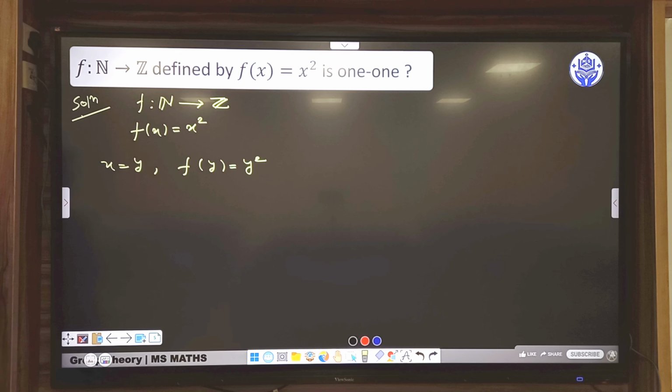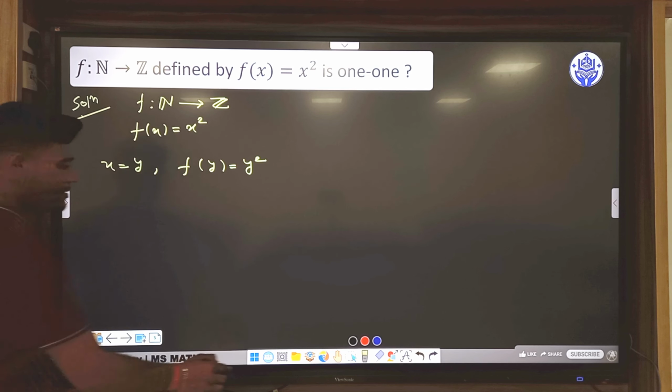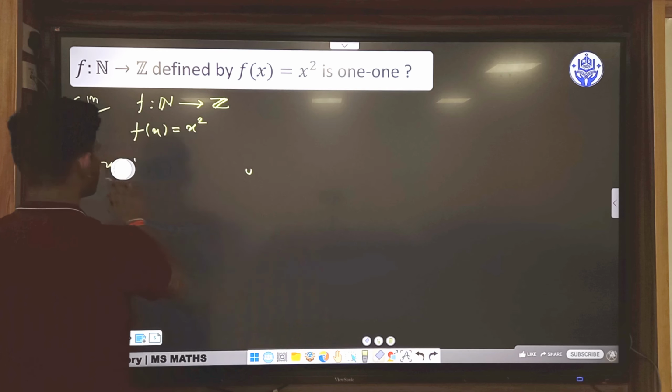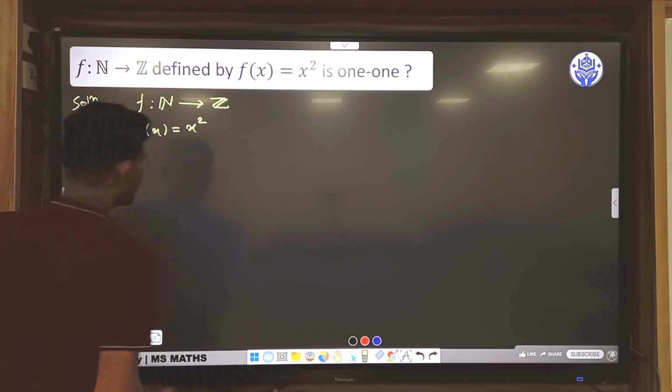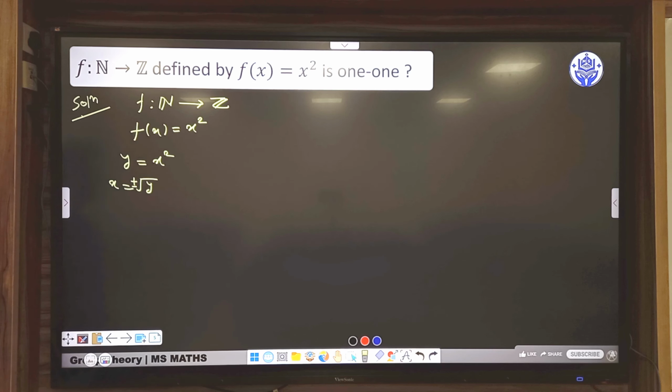There is a particular method to find this: if y equals x square, then x equals root of y, and root of y means plus or minus root y.